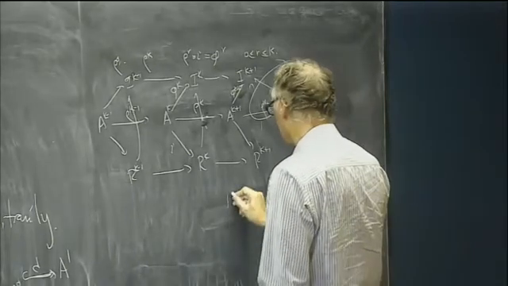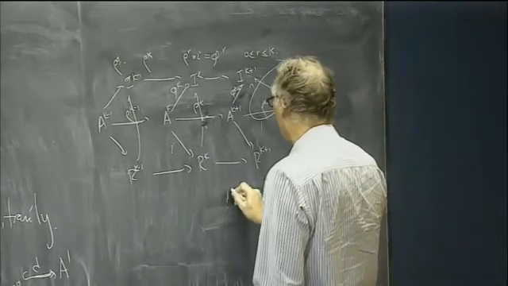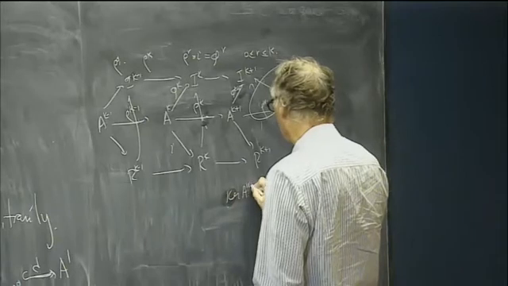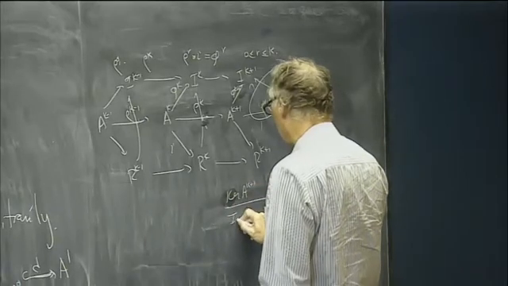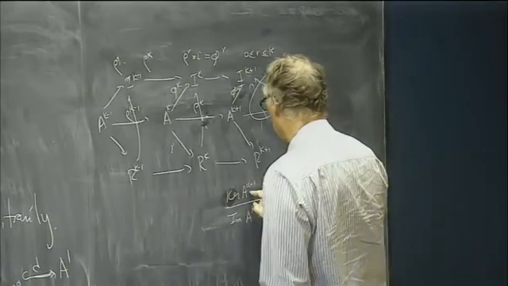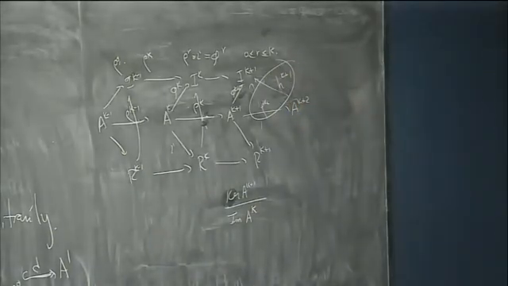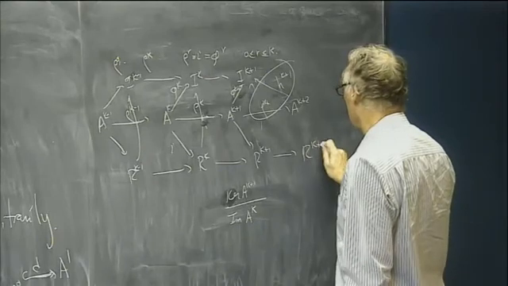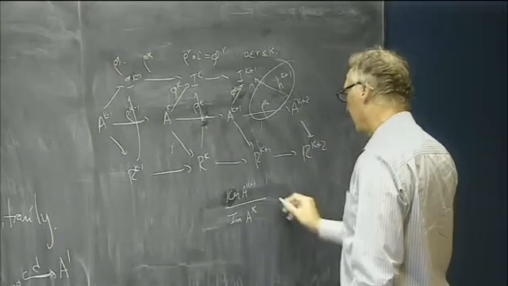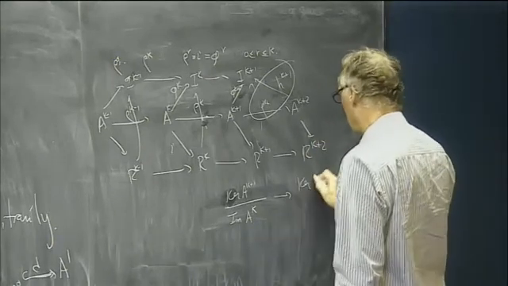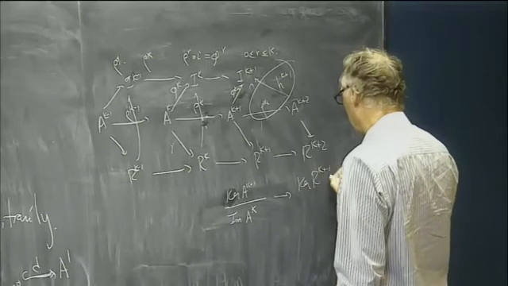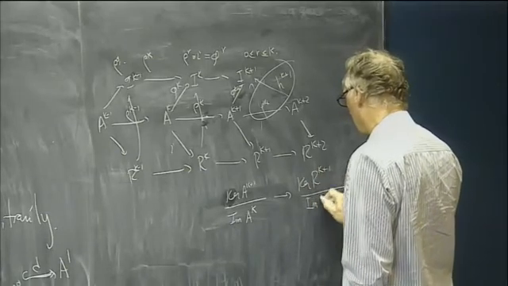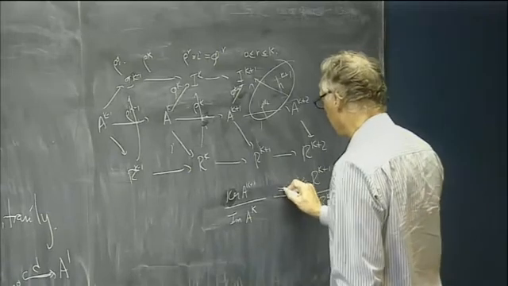Let's consider kernel Ak plus 1 over image Ak. So the k plus first cohomology. And this maps to kernel of Rk plus 1 over image Rk. That's an isomorphism.